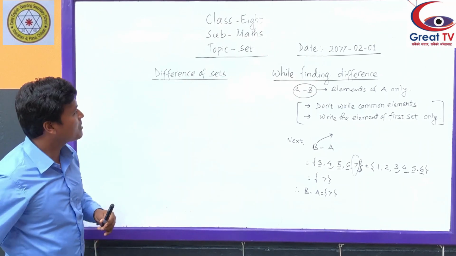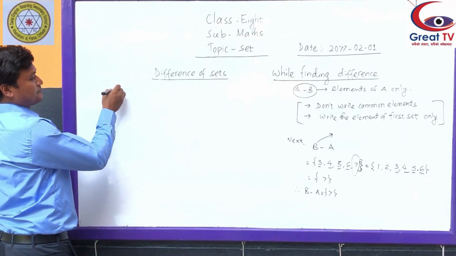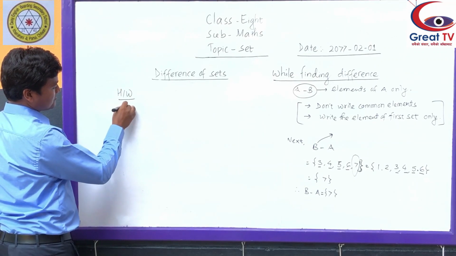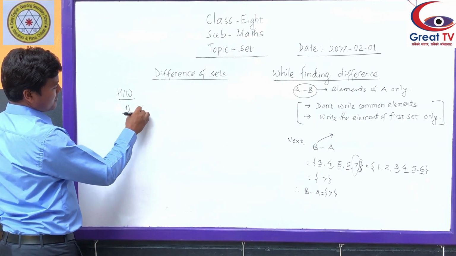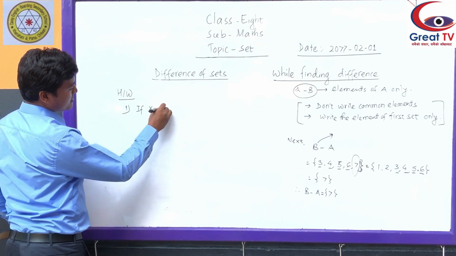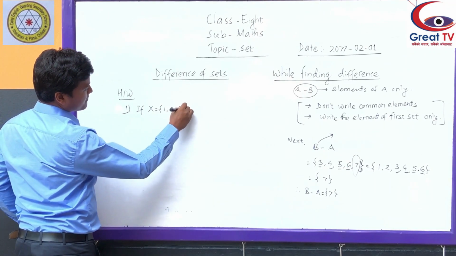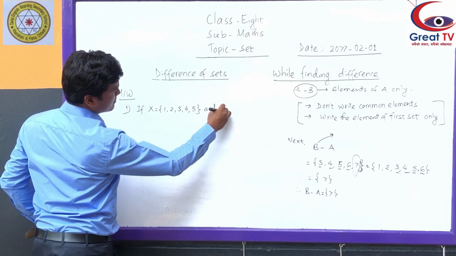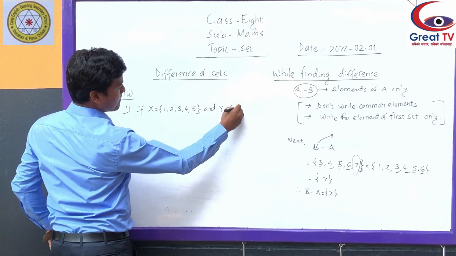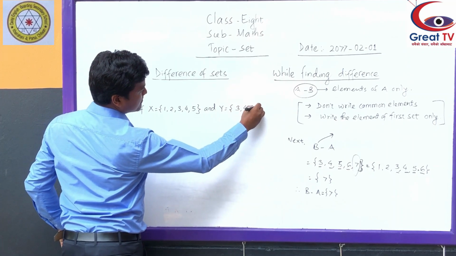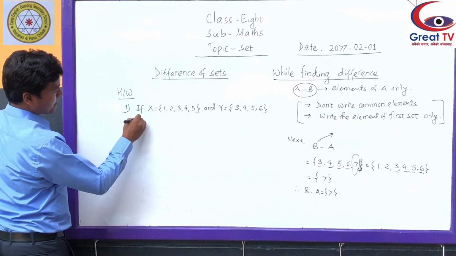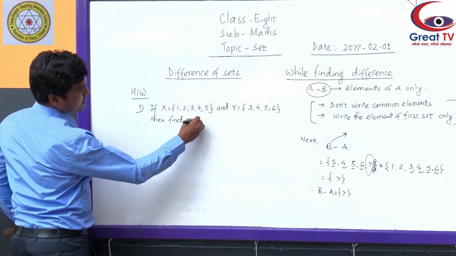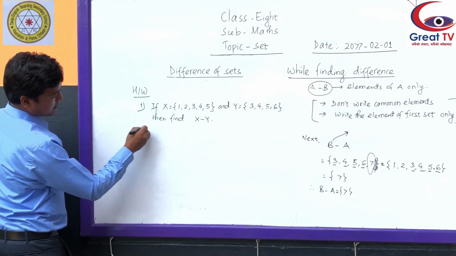Before we end the class, I am writing some problems for you as homework. If x equals 1, 2, 3, 4, 5 and y equals 3, 4, 5, 6, then find x difference y.